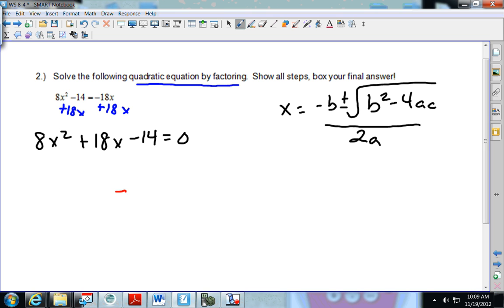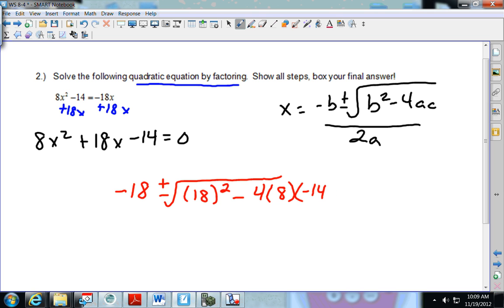So we have negative 18 plus or minus the square root of 18 squared minus 4 times a, which is 8, times c, negative 14, all over 2 times a, and a is 8.